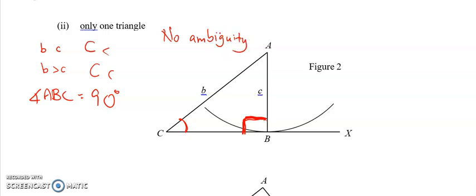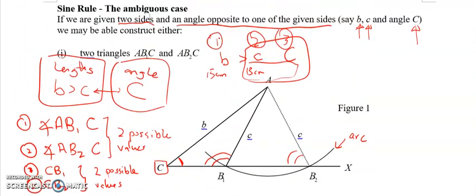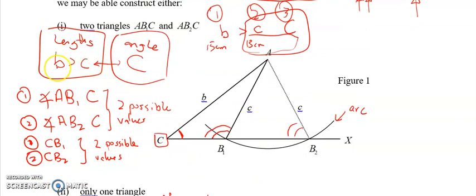Let me recap again. If you look at figure 1, the question gives us lengths B and C, and gives us angle C. Angle C is opposite the length C that is given, and length C is smaller than the length B. So in this case, we highly have a chance that it's an ambiguous case. There can be two triangle shapes that satisfy these three values that the question gives us.